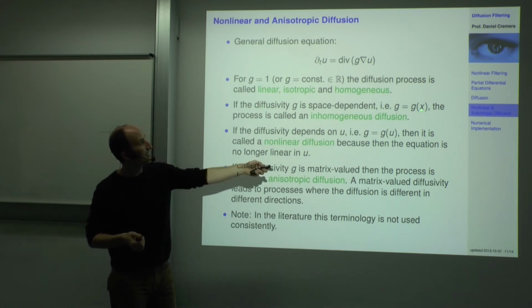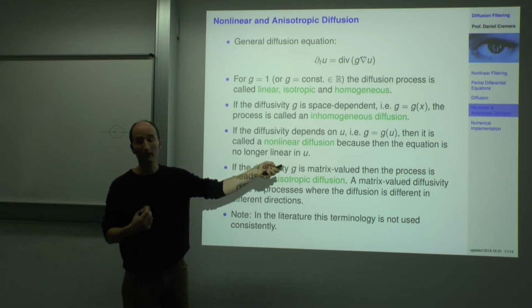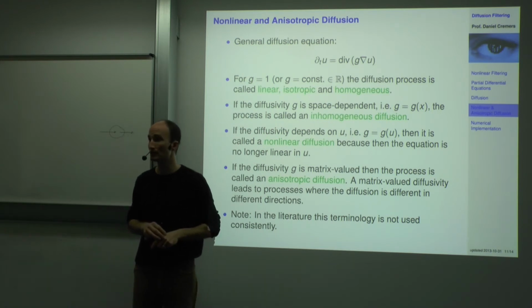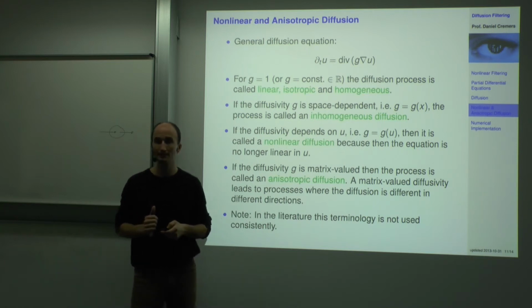Similarly, if G is space dependent, we can consider a G that changes from one location to the other. Then we talk about an inhomogeneous diffusion. A diffusion process which may be faster in some locations and slower in other locations.